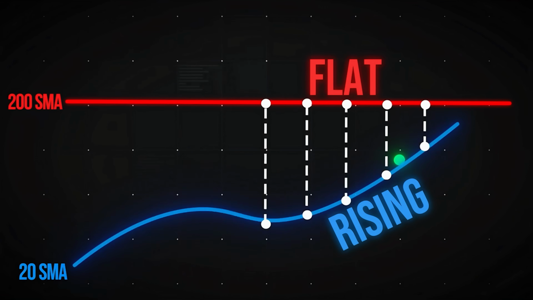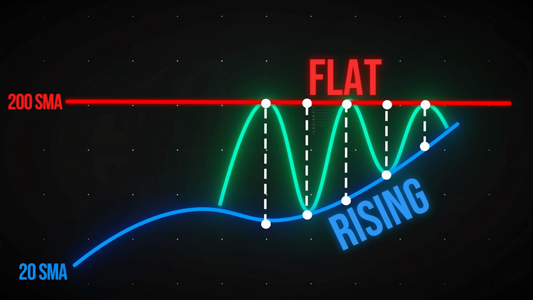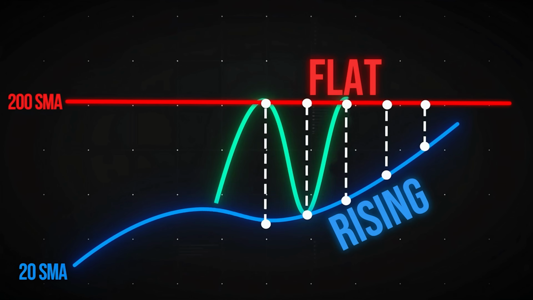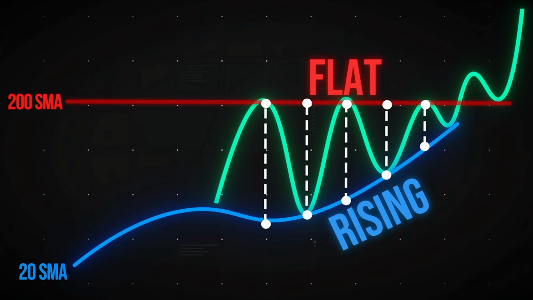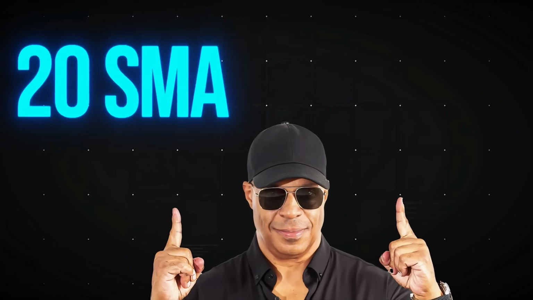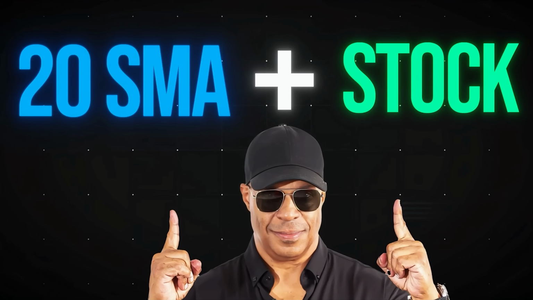Here's the key: if the 20 is containing the price activity, meaning it won't let the stock break, it's saying, nope, you've got to stay within my control, then it's going to throw the price above the 200. It's going to overpower the 200. It's almost as if the 20 and the stock have joined forces to overrun the 200.